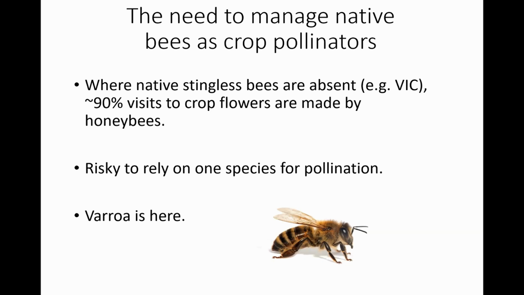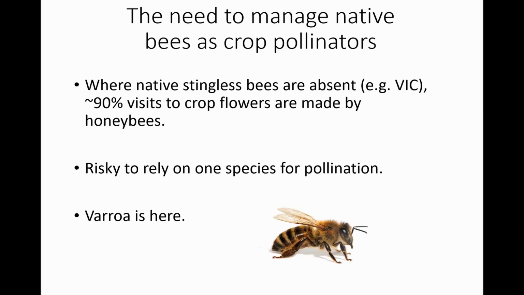Down in the south of Australia, where we don't have stingless bees, with the research we've done, it's often honeybees that are doing the vast majority of visits to crop flowers. And as Romina mentioned, it's risky to rely on any one species for crop pollination, because if something happens to that species, then pollination suffers.